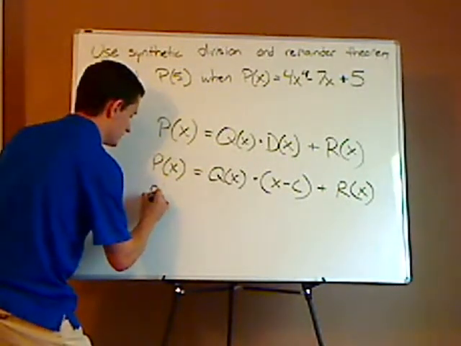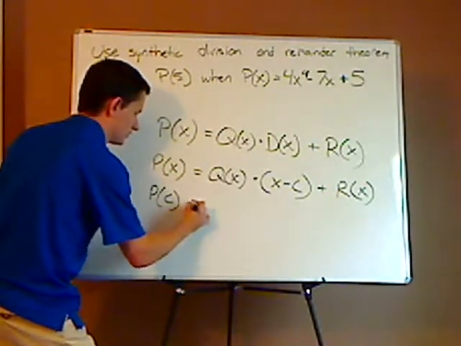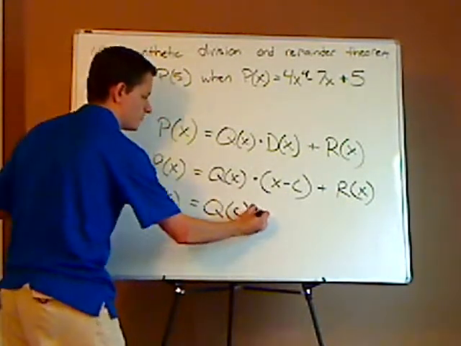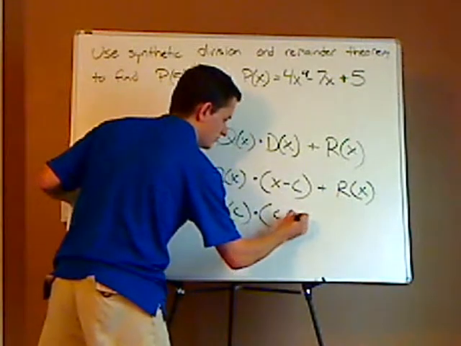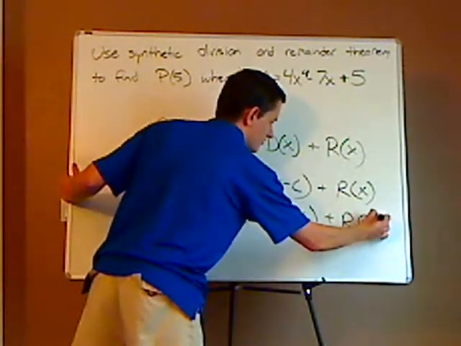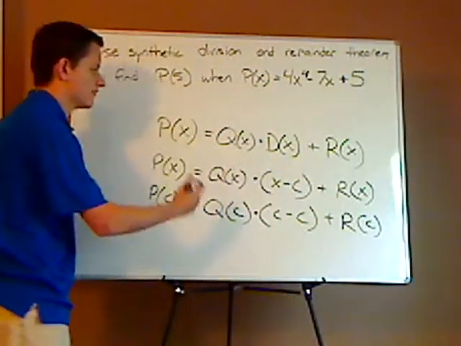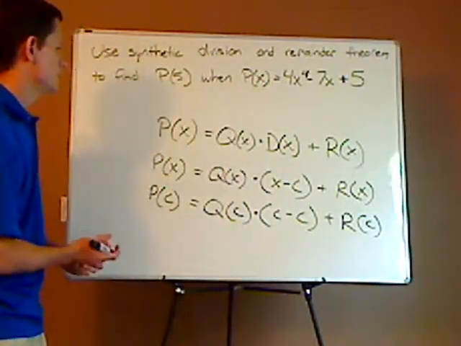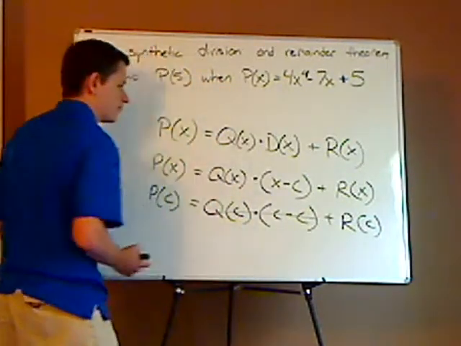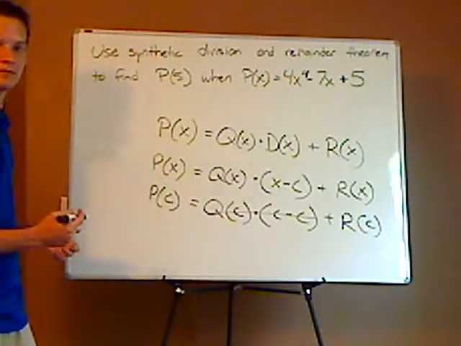So if I plug in c, that would be p of c equals q of c times (c minus c) plus the remainder of c, whatever that function is, you plug in c. Notice here, c minus c is 0, so that whole thing zeroes out.